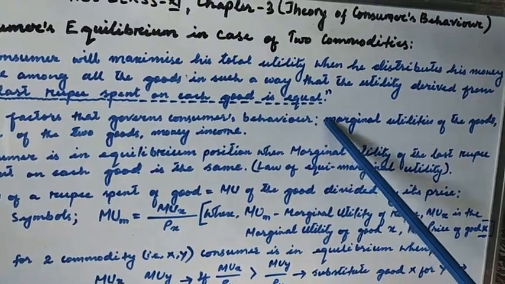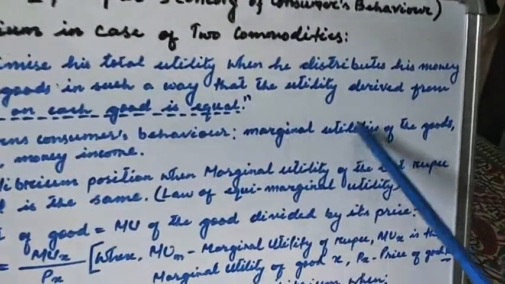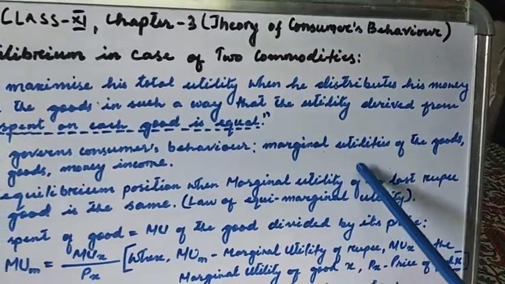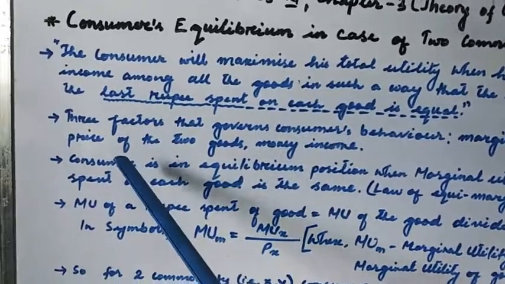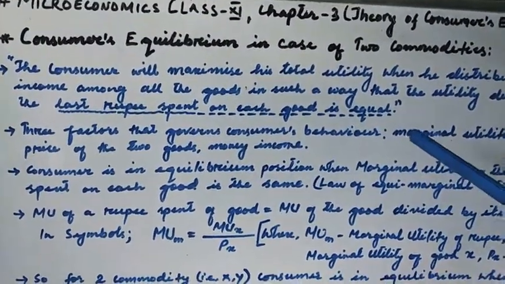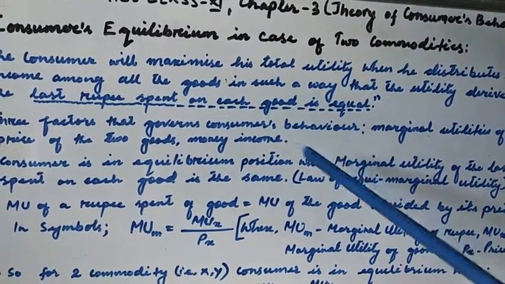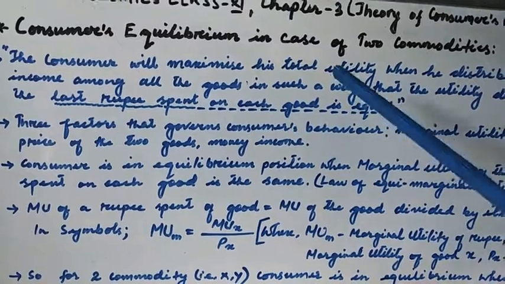One is the marginal utility of the goods. The second is the price of the two goods. And lastly, his money income. So these are the factors governing the consumer's behavior.